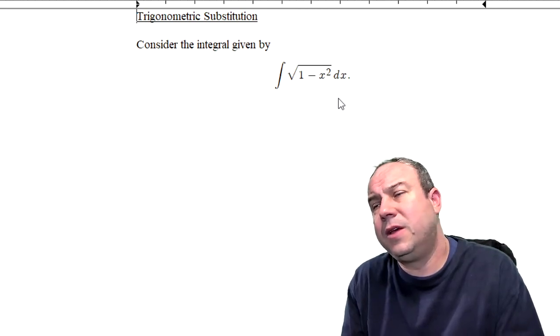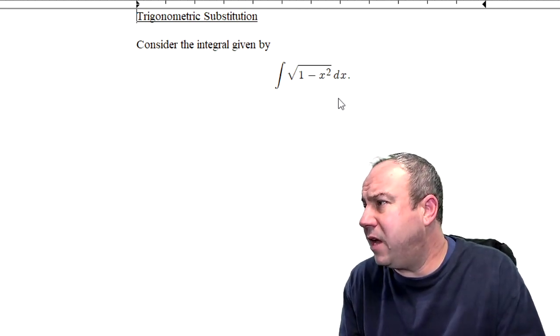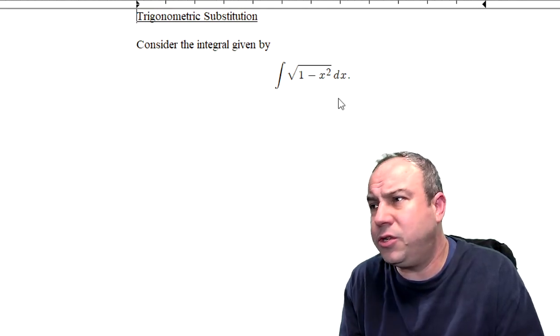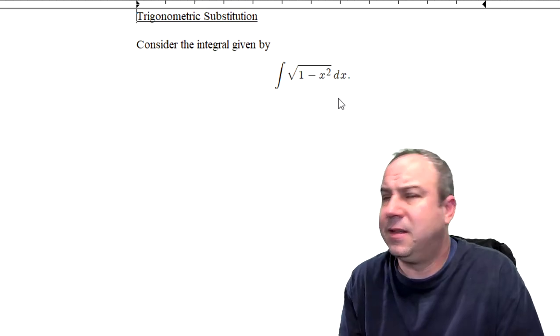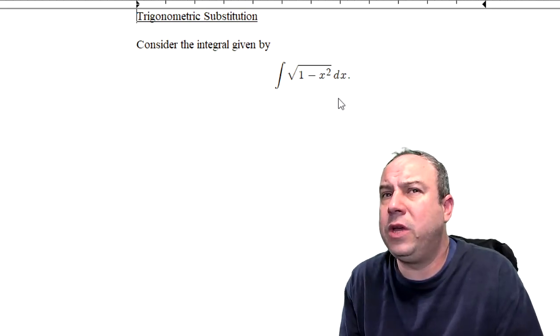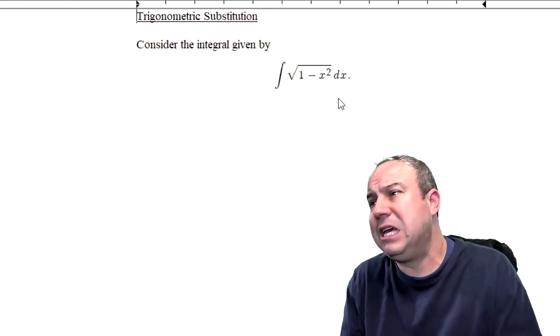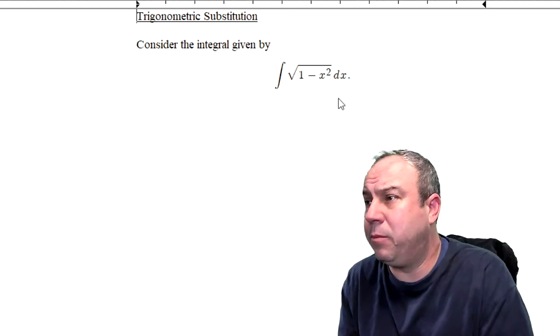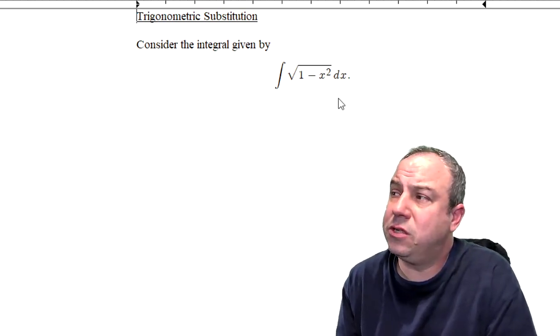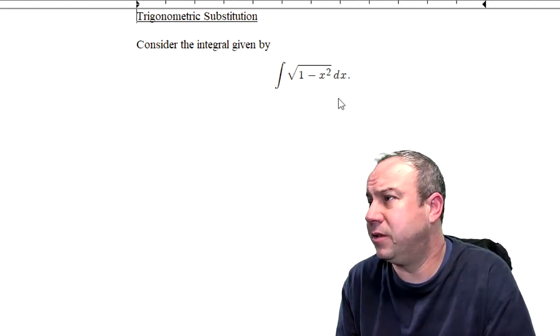All right. Currently, we don't have any real way of integrating this. If we try to use substitution, we don't have an x that's going to come about when we let u equal 1 minus x squared. U substitution won't work very nicely here, if at all. Instead, what we apply is what's known as trigonometric substitution.